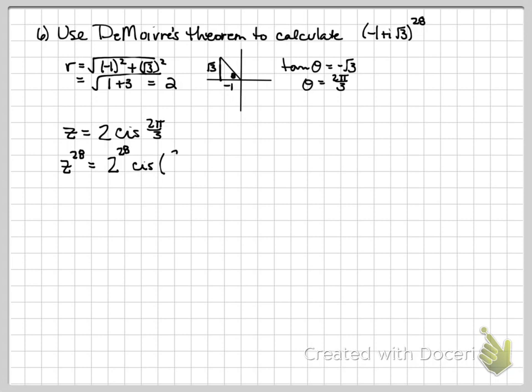So I'm going to take that 2 pi over 3 times 28 and simplify. Now you're probably thinking, whoa, 2 to the 28th, that's huge! And it is, so just leave it as 2 to the 28th, CIS, 2 pi over 3 times 28, which is 56 pi over 3.